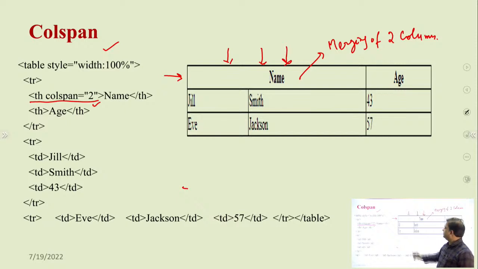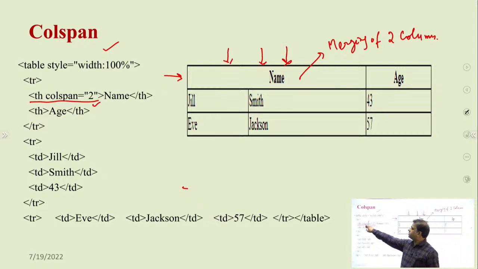I repeat, first identify whether you want to merge the columns or the rows. In this case I want to merge the 2 columns, right. Identify at which stage you want to merge the columns. What I see here is my first row, which is the heading. I want these 2 columns merged, right. So how many columns are to be merged?